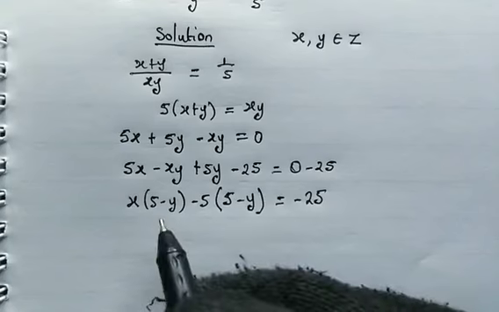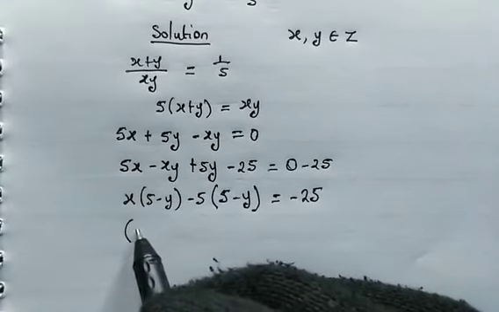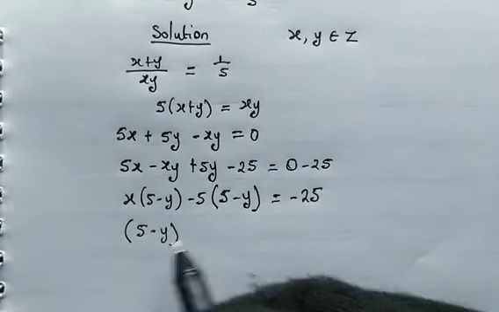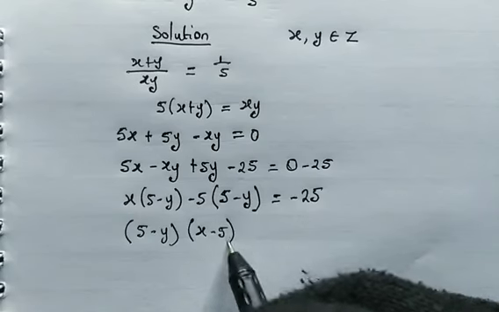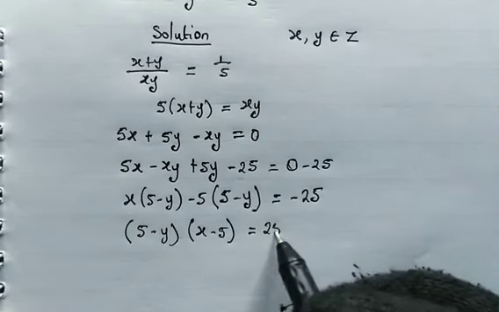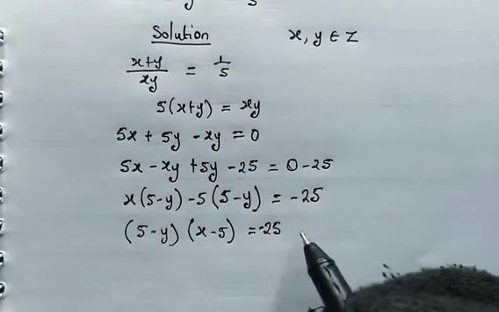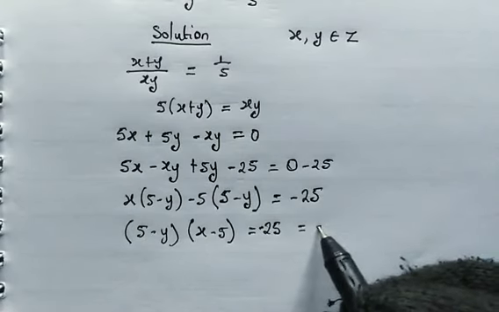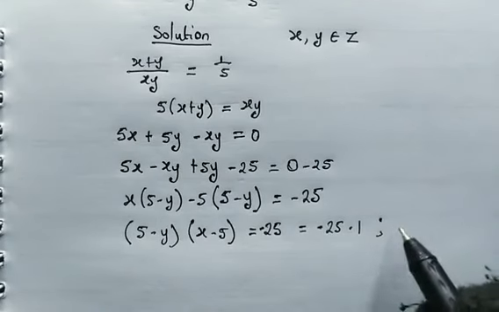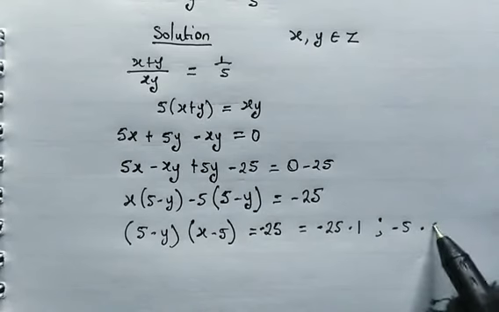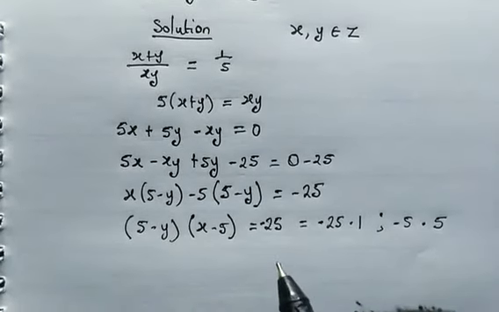And this left-hand side is factorized, right? So that would be 5 minus y, then multiply by x minus 5, and this will be equal to negative 25. Obviously, negative 25, we can write it as negative 25 times 1. We can also write it as negative 5 times 5, right?